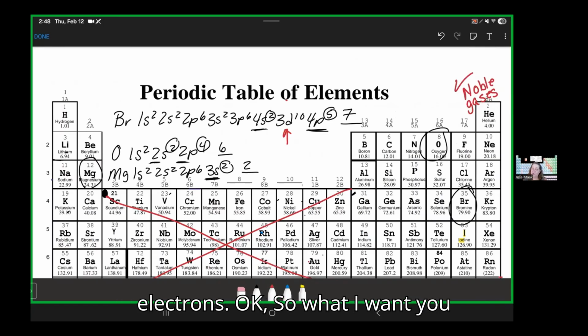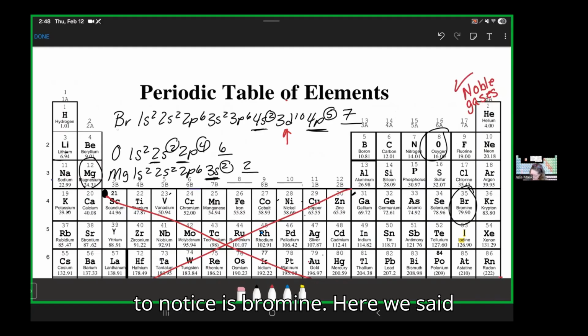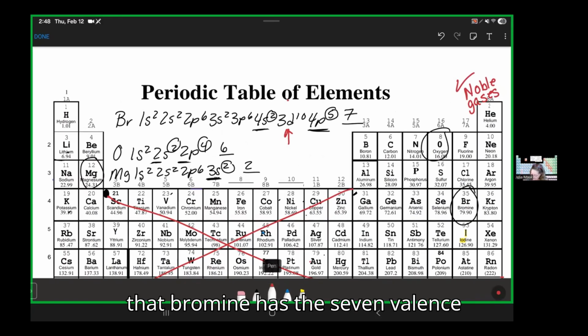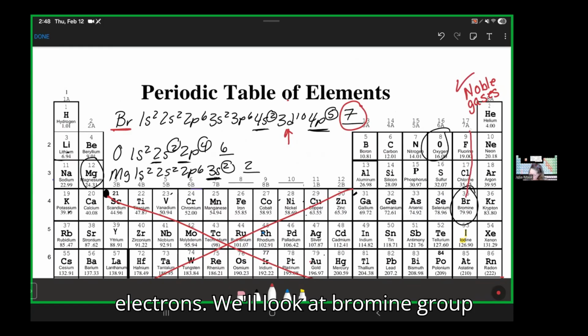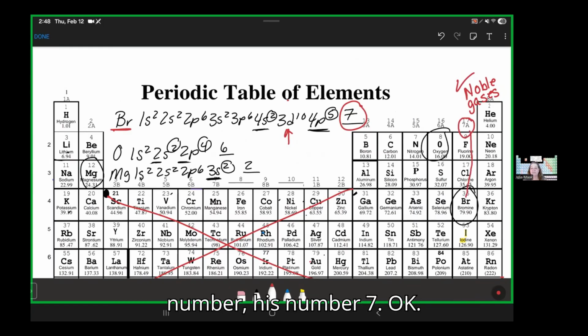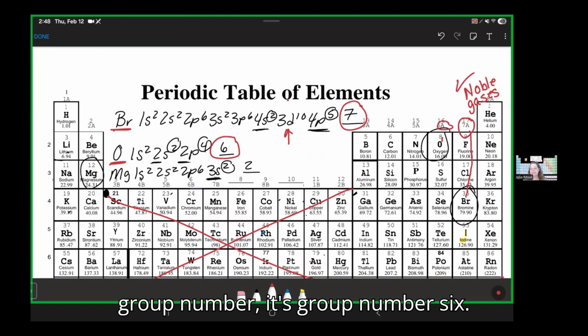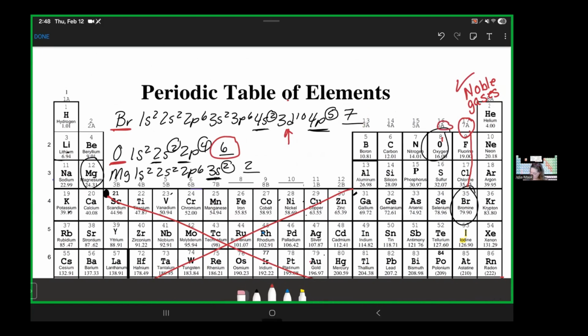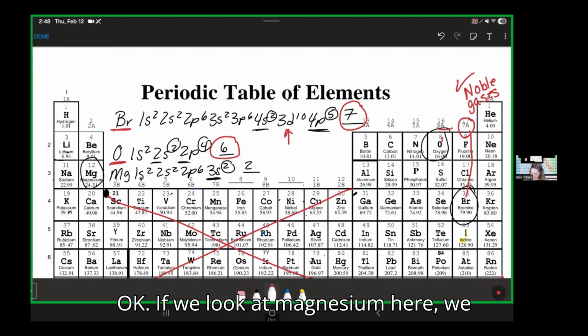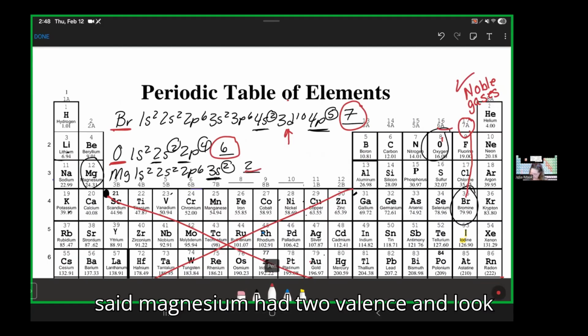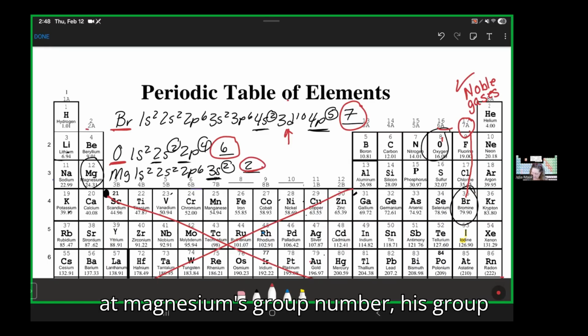Okay, so what I want you to notice is bromine here. We said that bromine has the 7 valence electrons. We'll look at bromine's group number. He's number 7. We said that oxygen here has 6 valence electrons, and look at oxygen's group number. It's group number 6. If we look at magnesium here, we said magnesium had 2 valence, and look at magnesium's group number.